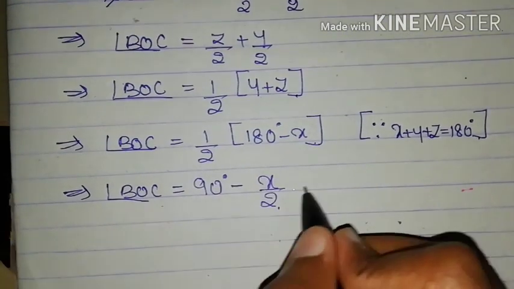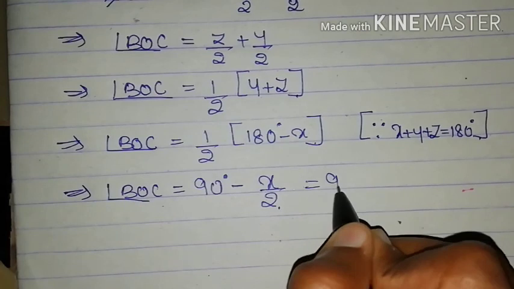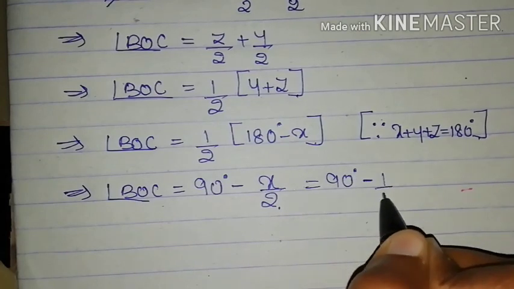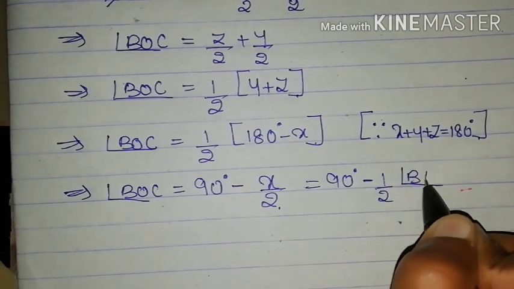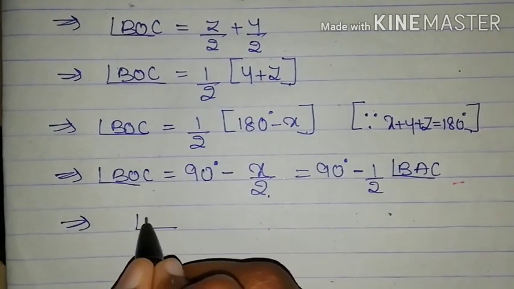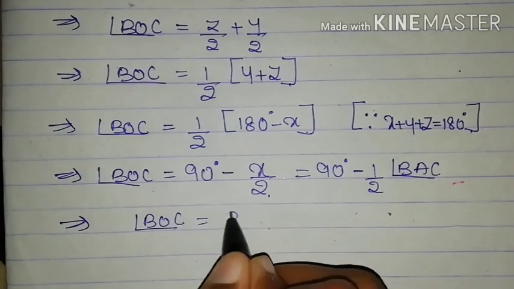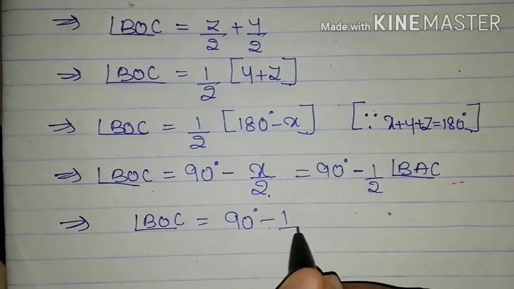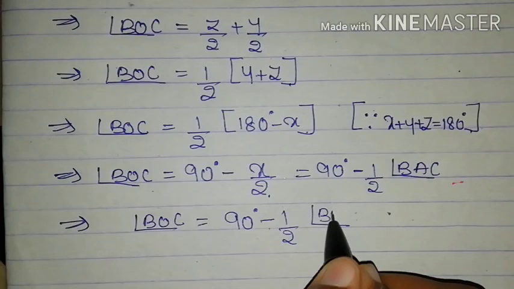Now angle X is angle BAC, so angle BOC is equal to 90 degrees minus half of angle BAC. This was our required solution.